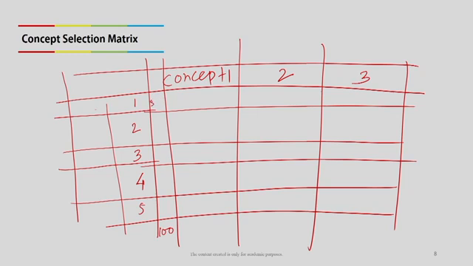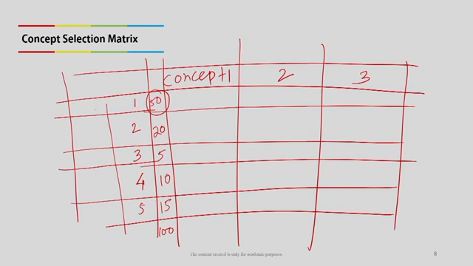So it may be 50, 20, 5. I have just put it randomly just to show how to calculate. Based on the importance you are actually ranking, so these numbers are for ranks.